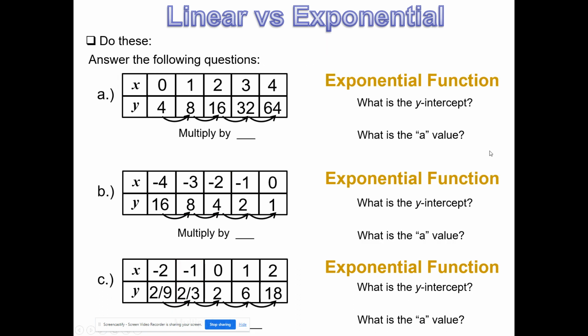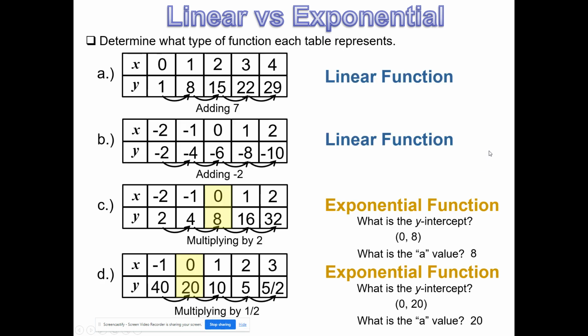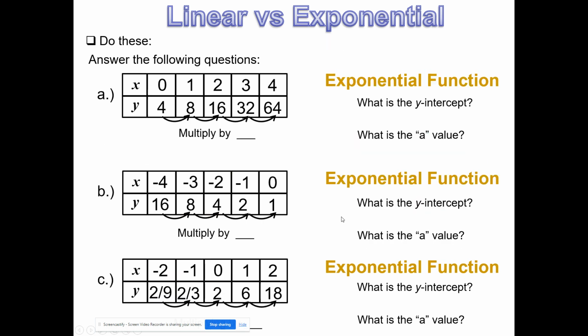Okay, so what I want you guys to do is try this next slide on your own. So pause it and answer these questions. Use Desmos. They're already exponential. They're all exponential. So just take this, divide by this, divide by that, and that tells you what you're multiplying by.